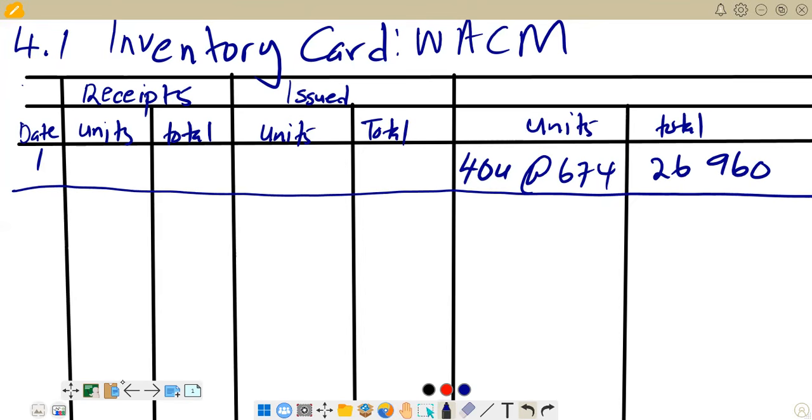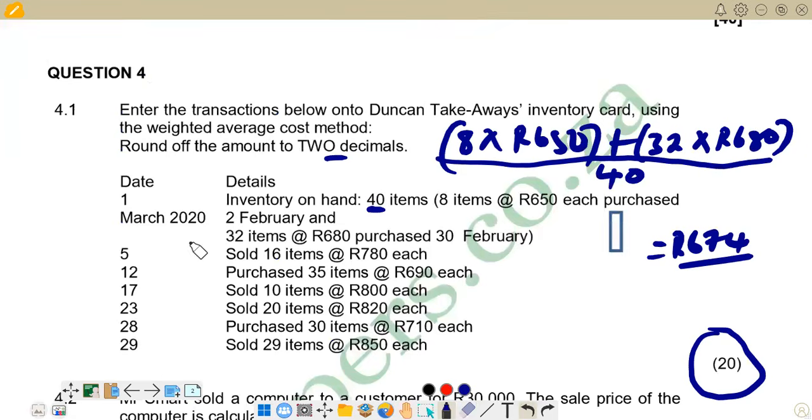So we go on to see what we have next. If you come here now, you would see that we are now on the 5th, because our information on 1 March is ending here.